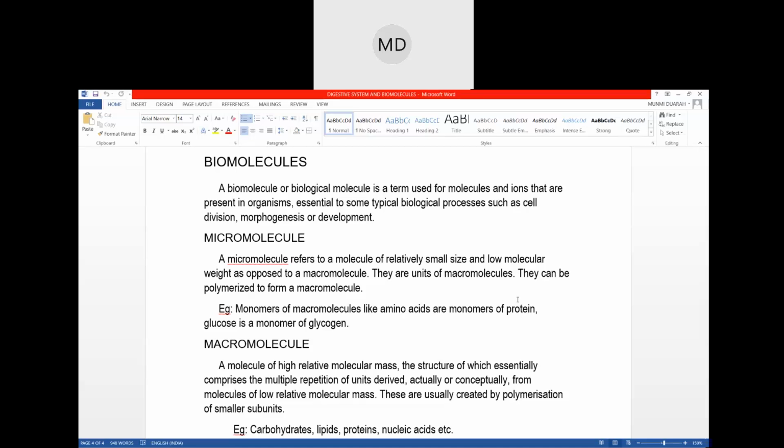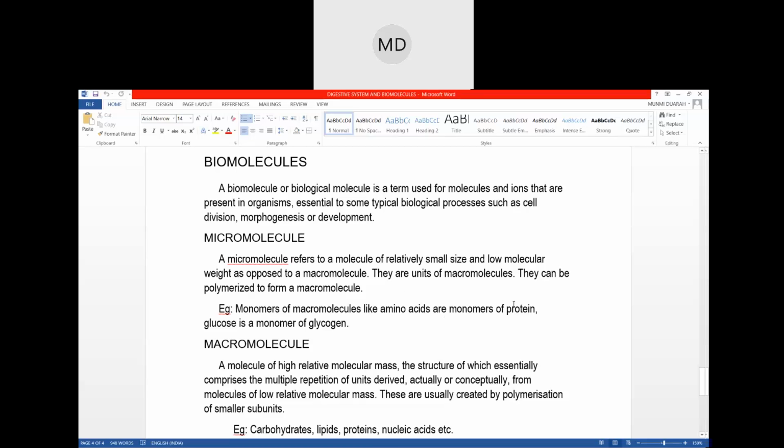A number of amino acids will form chains and they will form protein. Polymerization will take place between amino acids. Polymerization means many units of amino acid react among each other in a polymerization reaction, and then they form a protein.